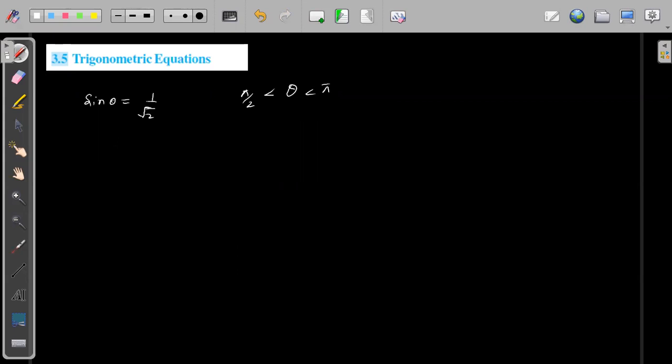If theta is in the second quadrant, then theta will be 90 plus 45, that means 135 degrees. So do you understand? These are the trigonometric equations they will give you. Yes, very good.